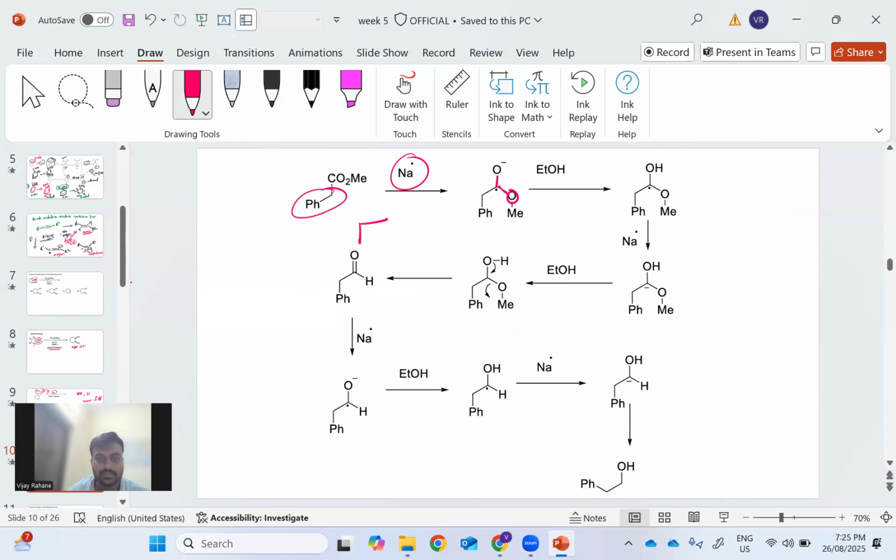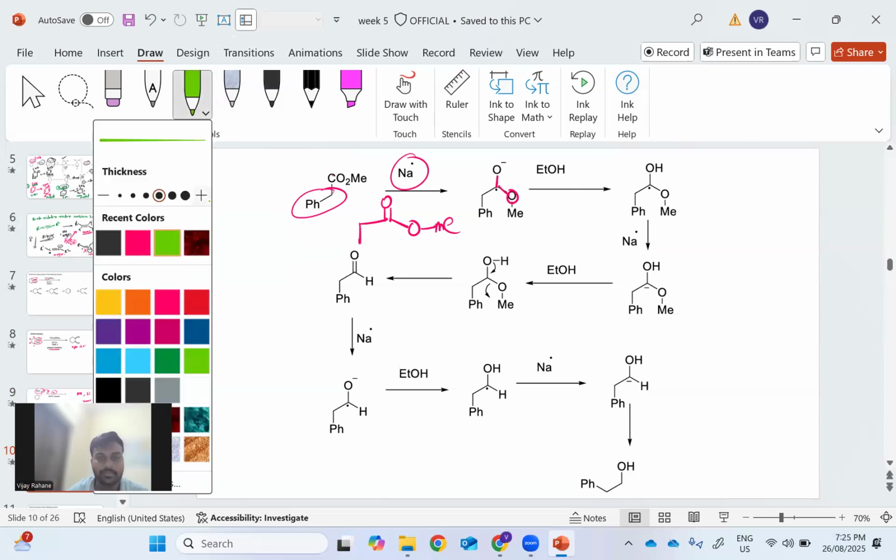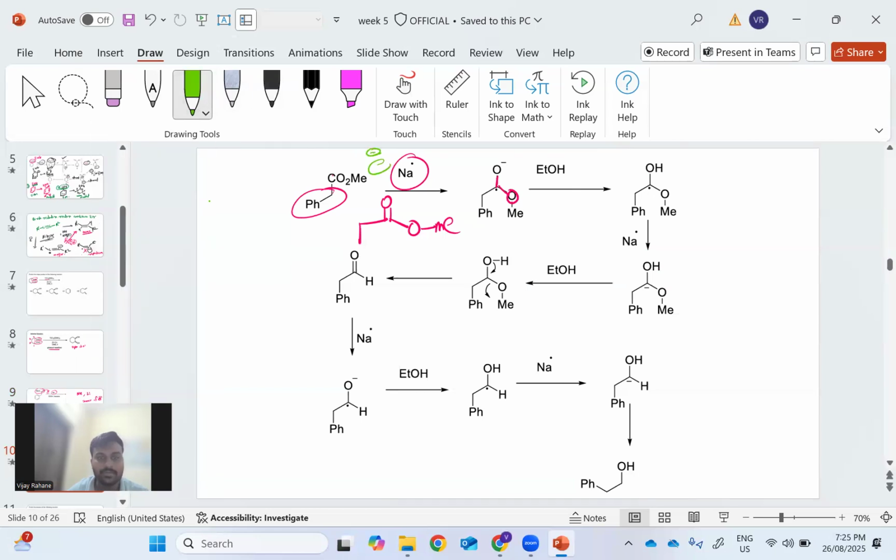This was earlier O and O, this is the methyl, right? So now one electron flows from here, so this electron goes here, right? And the negative charge goes to oxygen. Negative charge goes here, right?